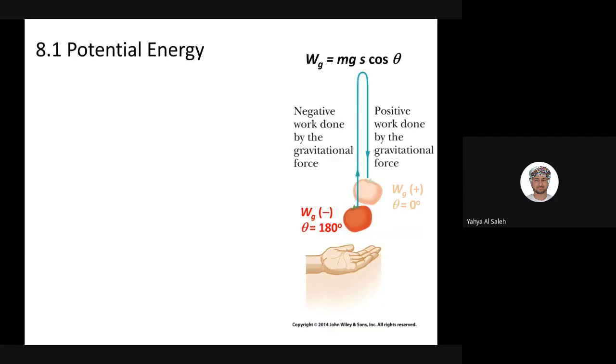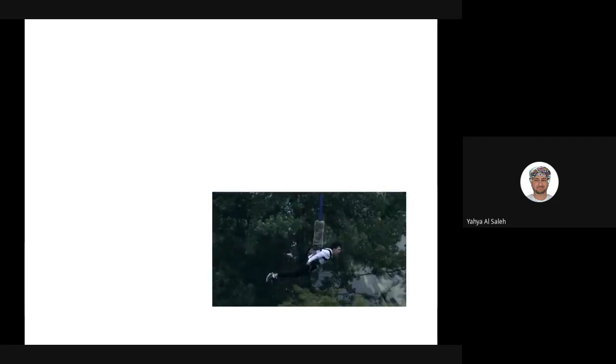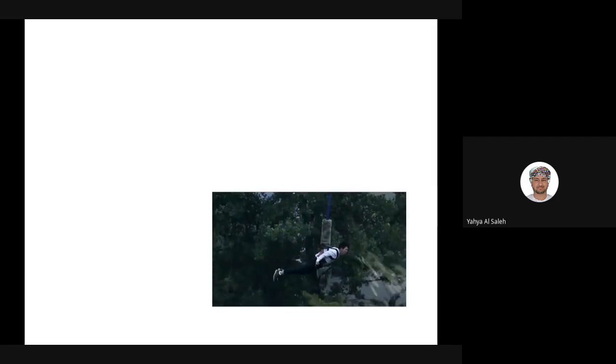This guy is having a lot of fun. So that's potential energy. What other types of energy do we have? So far, we have looked at three types of energy: gravitational potential, elastic potential, and what else?